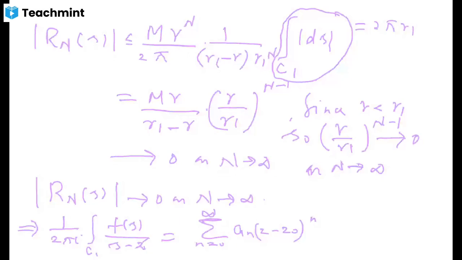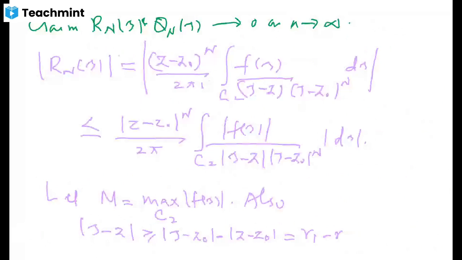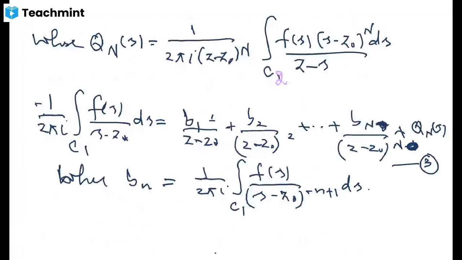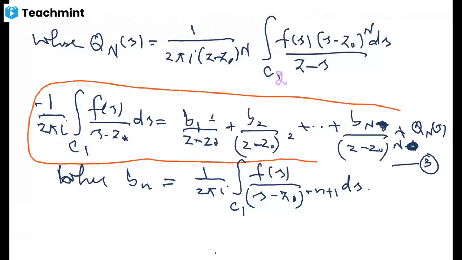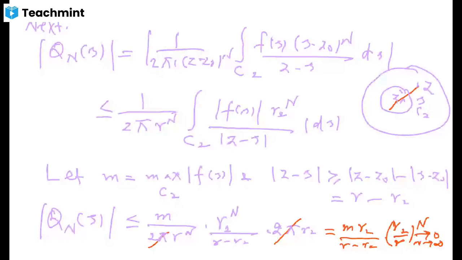So this is Rn. Where was this? This is somewhere back. This is the estimate. Yes, here exactly. You have this integral equal to this, and once you prove that this qn goes to 0, then you will have this series. Now substitute these values in equation 1.